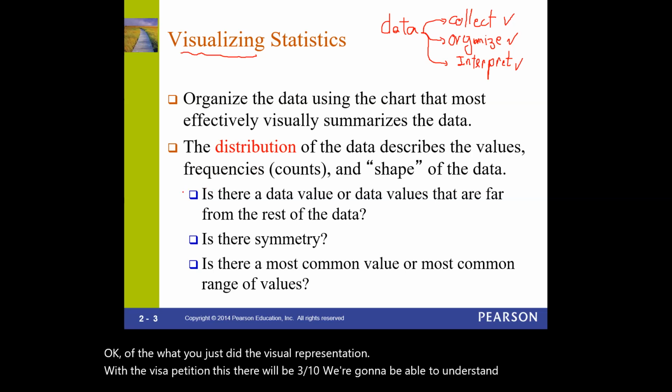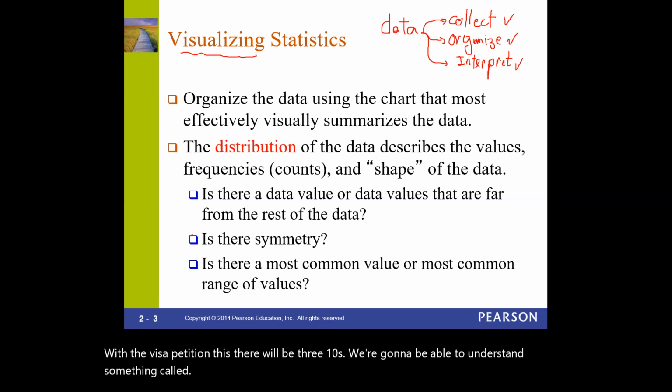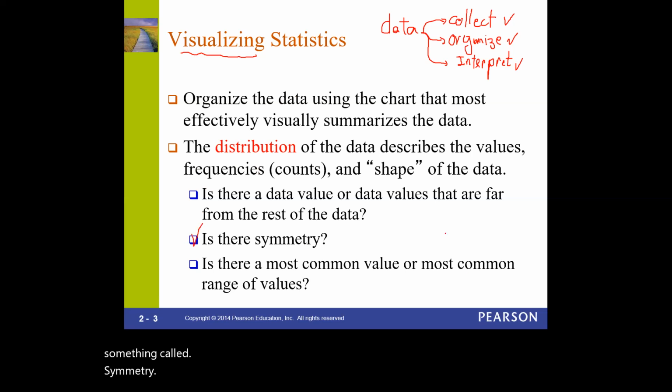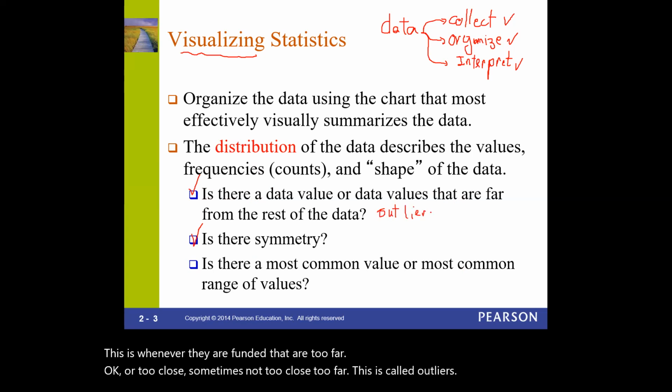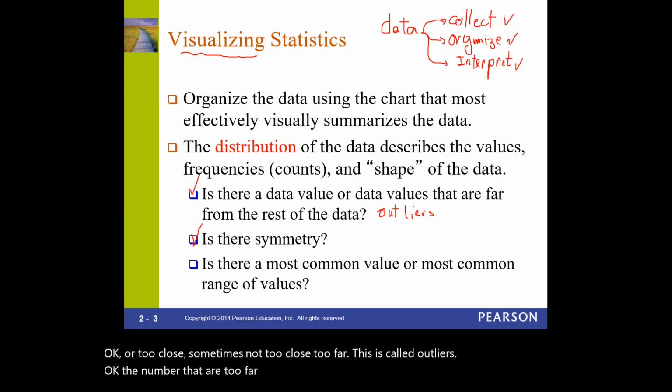With the visual representation, there are 3 things we're going to be able to understand. Something called symmetry: we want to know whether there's a symmetry in the data set. We want to know whether there are outliers, values that are too far away.